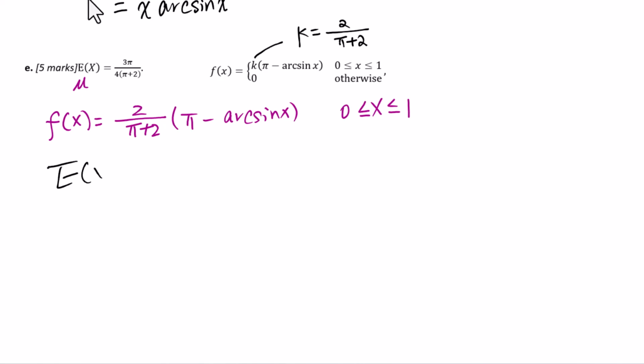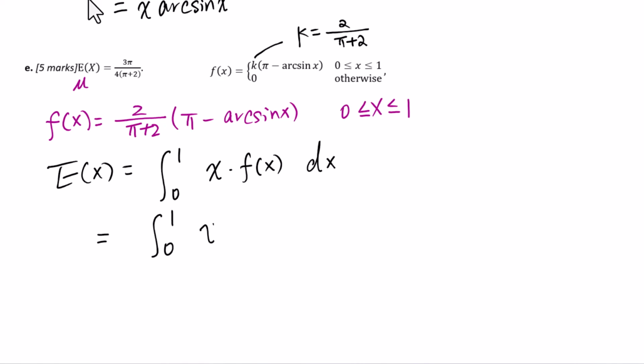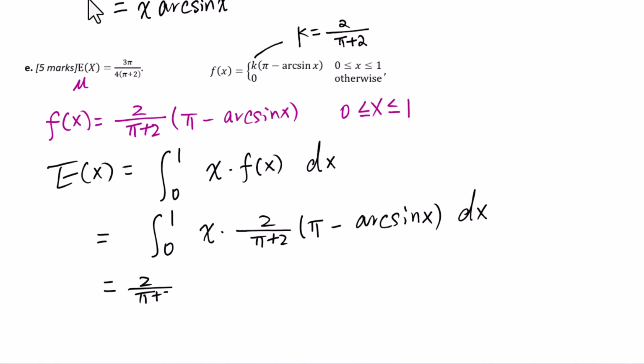So E of x equals the integral from 0 to 1 of x times f of x dx. Do the substitution: integral from 0 to 1, x times 2 over (pi plus 2) times (pi minus arc sin x) dx. We will take 2 over (pi plus 2) out.